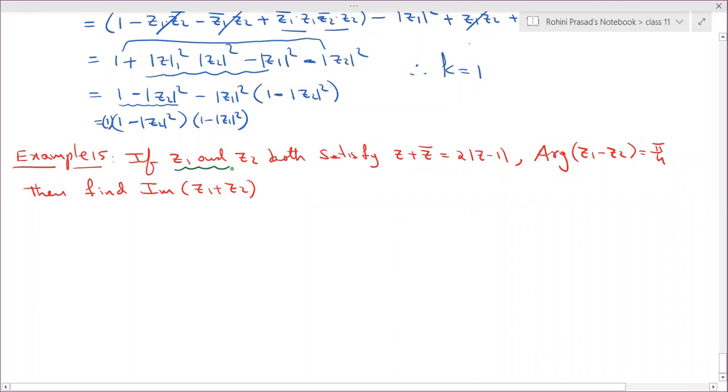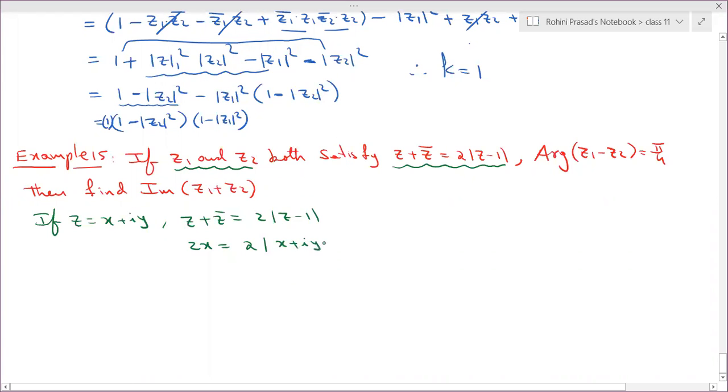What they have given is that Z1, Z2 both satisfy this equation. That's what they told. So let us simplify this equation with Z equal to x plus iy. If Z equal to x plus iy, then Z plus Z bar equal to 2 mod Z minus 1 implies x plus iy plus x minus iy is 2x, is 2 times the modulus of x plus iy minus 1.